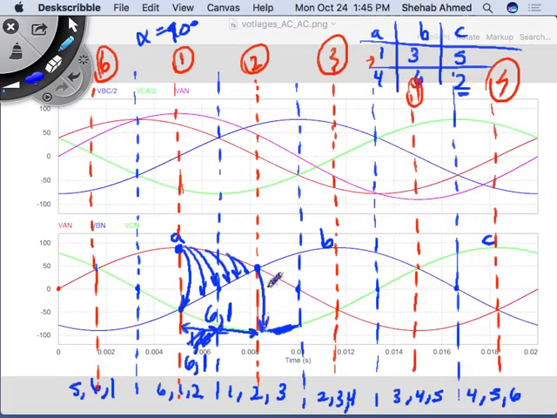So these 2, current will come from my source on phase A back through phase C. So here I will have which devices on? 1 and 2, right? 2 is for phase C, low, and 1 is for phase A, high. So here's 6 and 1. Here's 1 and 2. Which devices are here?